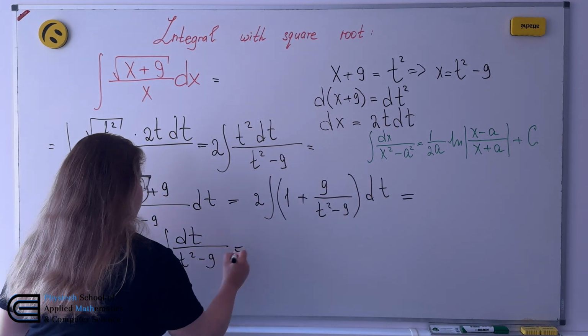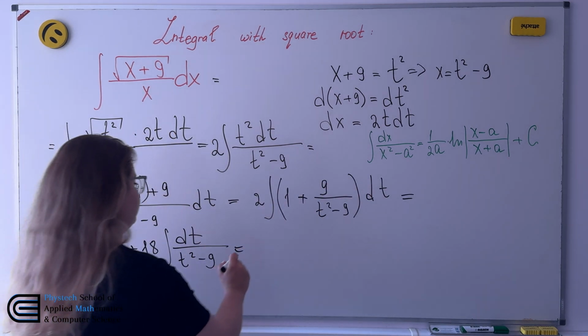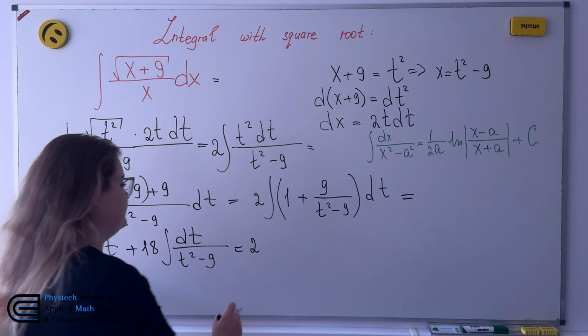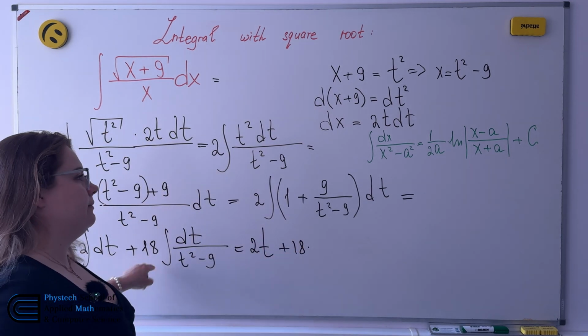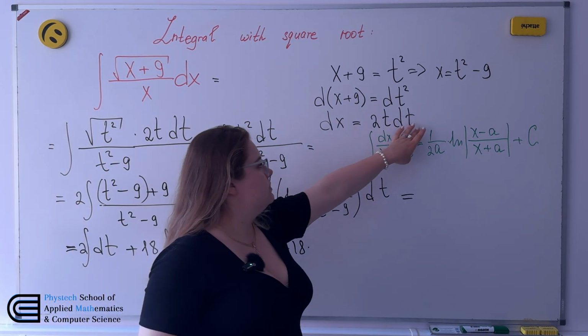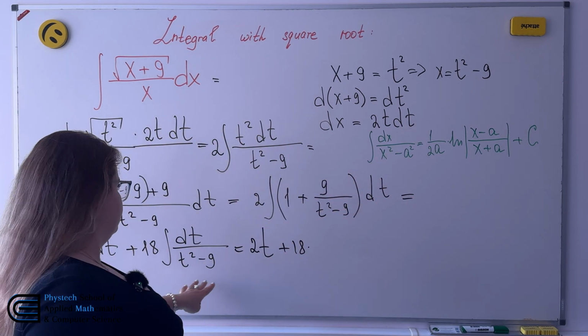Let's use our formula. Here we have 2t plus 18 multiplied by 1 divided by 2a.